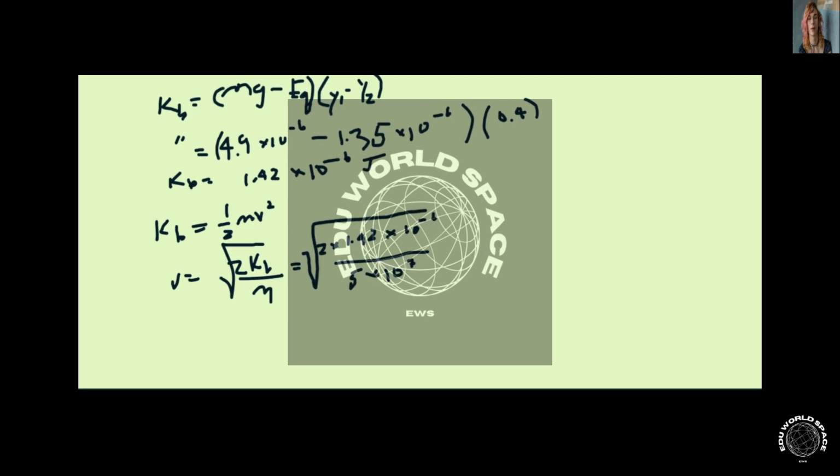So now if you compute this in our calculator, we're going to get the final answer for the velocity. So it's 2 times the kinetic energy, 1.42 times 10 to the negative 6 over 5 times 10 to the power of negative 7. Hold on, I did not write negative there, so negative 7.